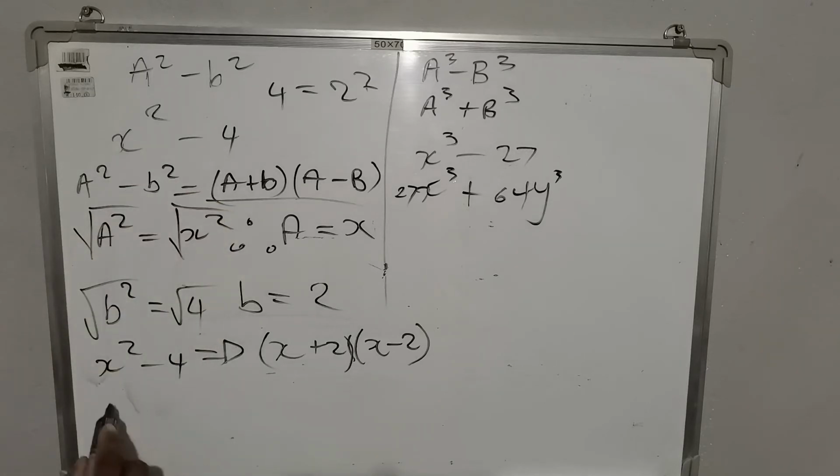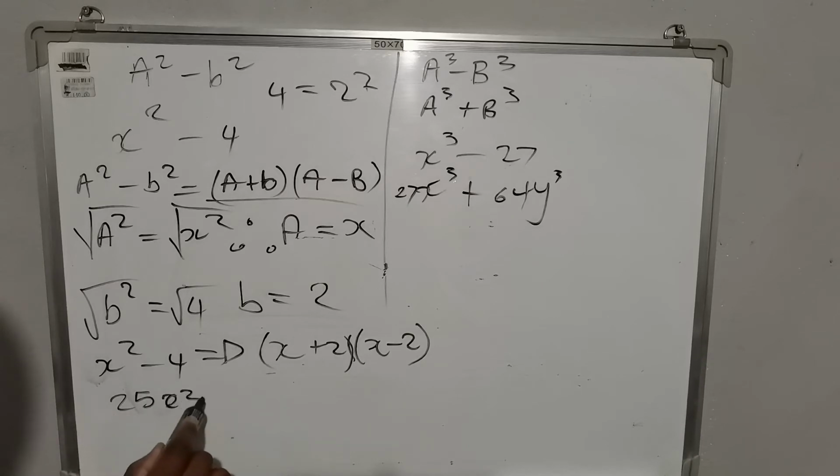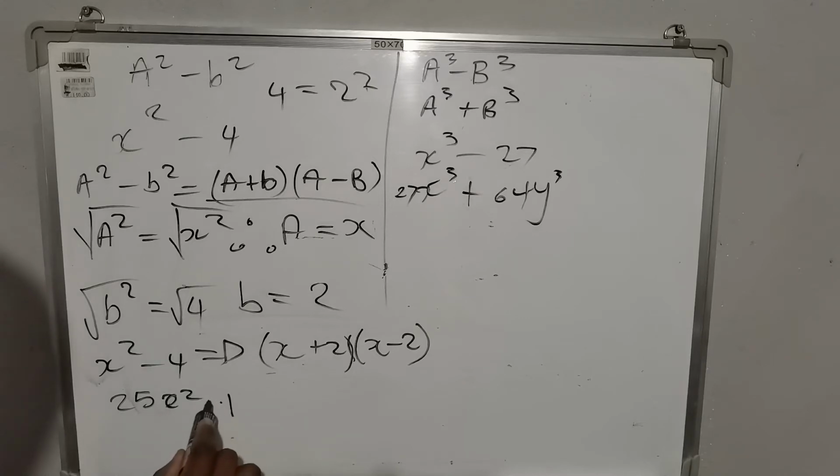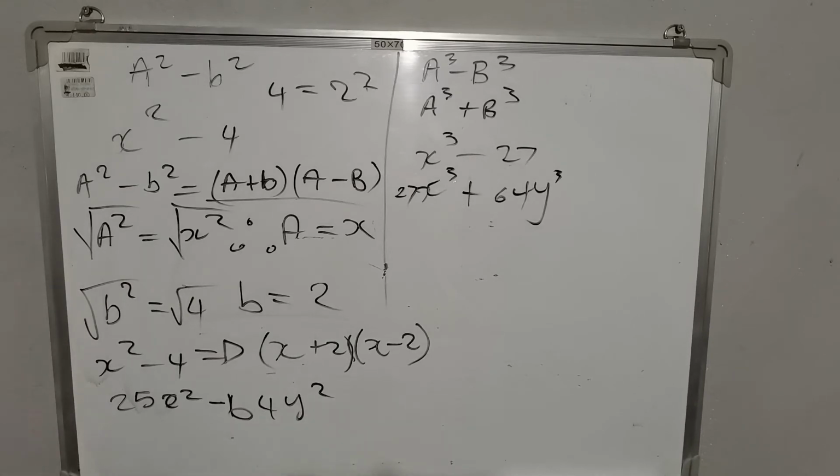So sometimes we complicate things and say 25x squared, and then minus, because it must always be minus, 64y squared. On this case, you just have to remember this is your a, this is your b.